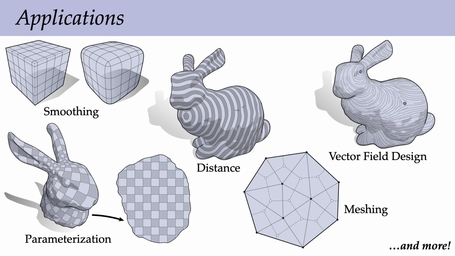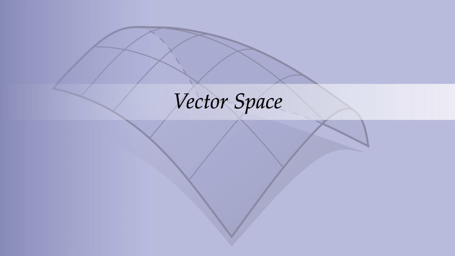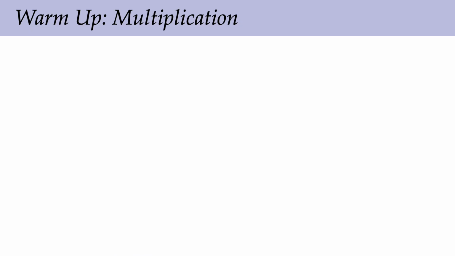Okay, but let's start at the very beginning. Let's just remember a little bit about linear algebra and vector spaces. In fact, let's go back even further and try to understand something very, very basic, but in a slightly deeper way. So here's a question.